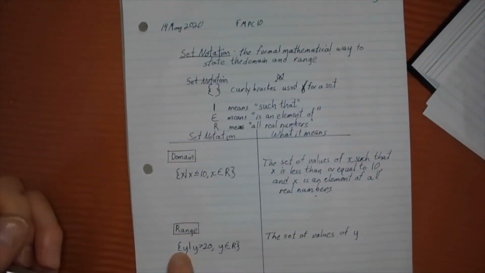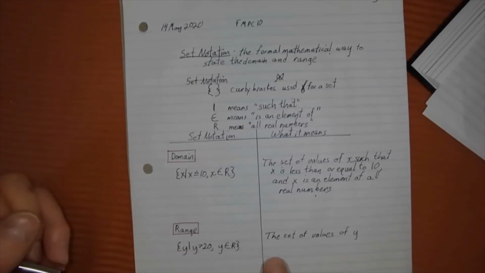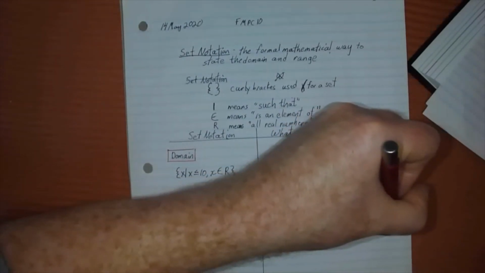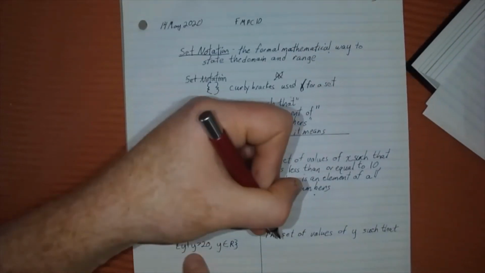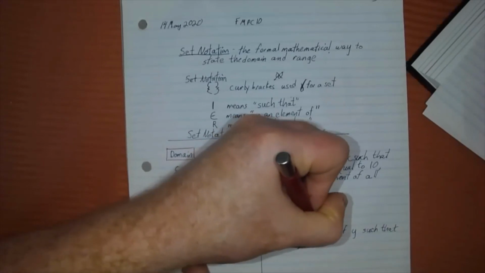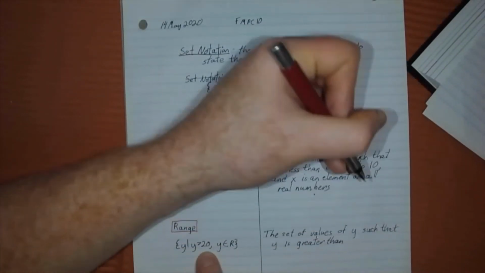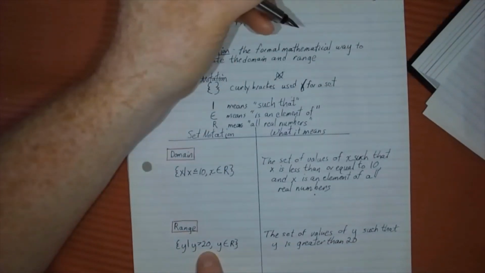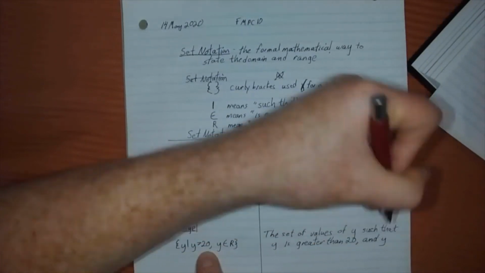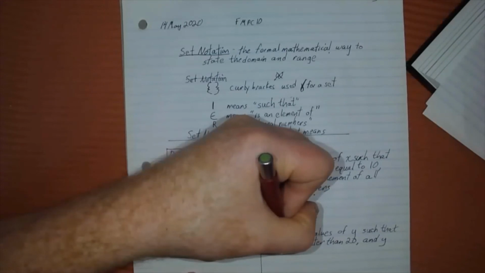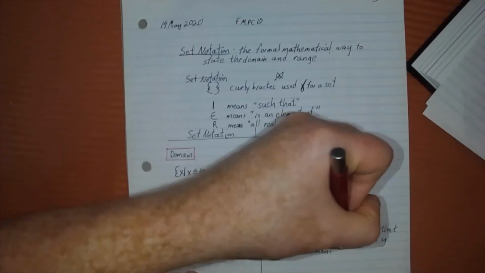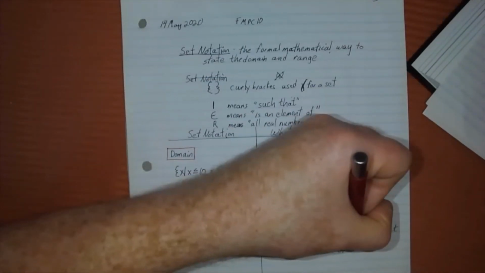So just the open curly bracket, and the y is all of this, such that y is greater than 20, and y is an element of the big R, which means all real numbers.